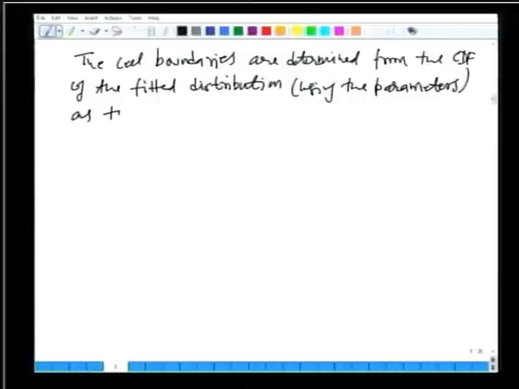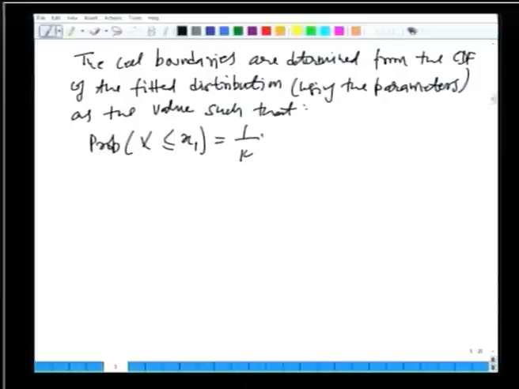They are determined as the values such that they satisfy the following conditions: the probability of x being less than or equal to x1 should be 1 by k, for the first cell.